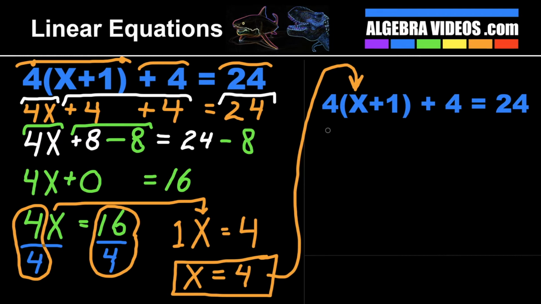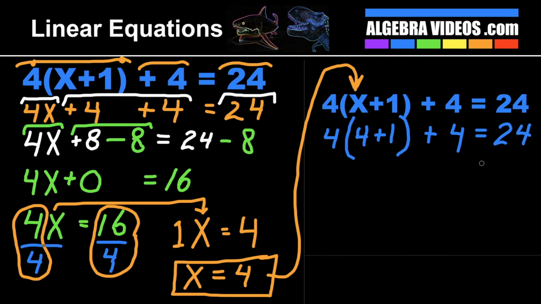So let's do that. I'm going to rewrite a 4, and then the parentheses, x, and we're plugging in 4 for our x, because that was our answer, plus 1, and then close parentheses, plus 4 equals 24.